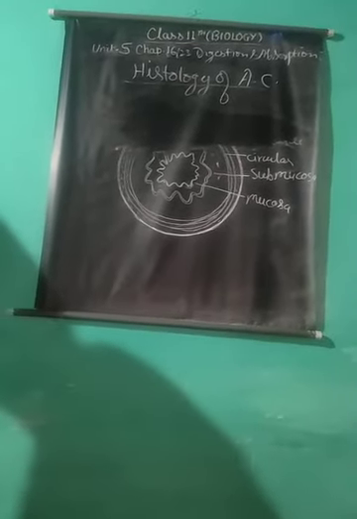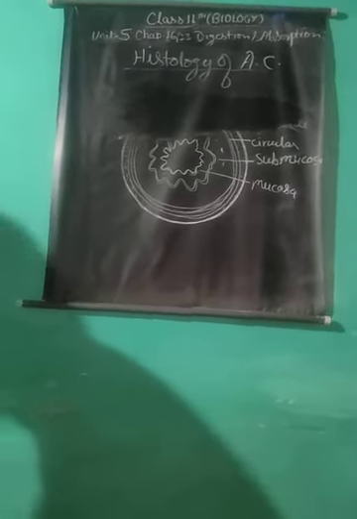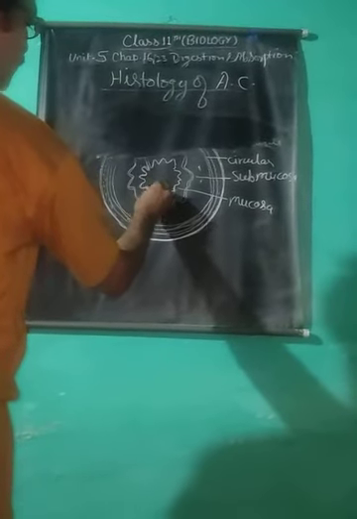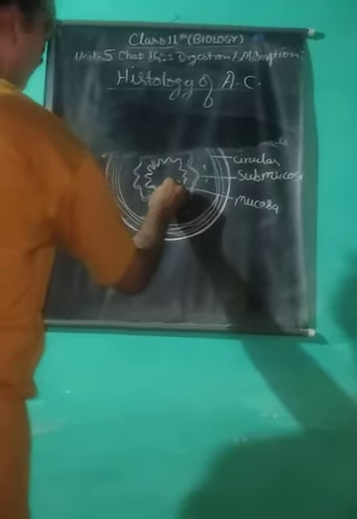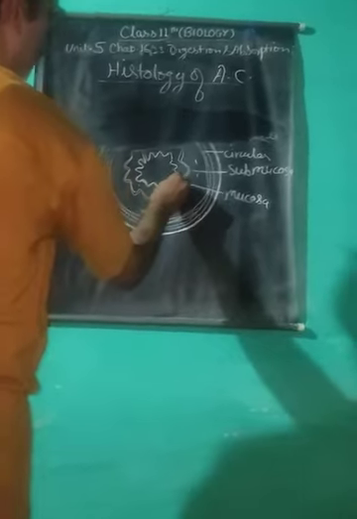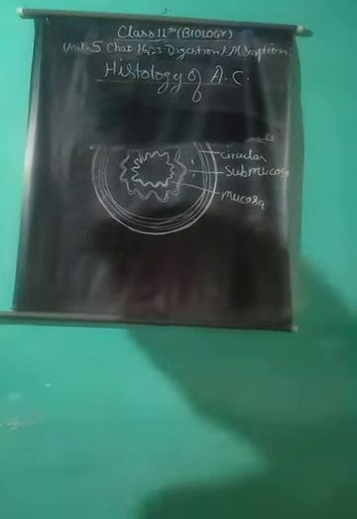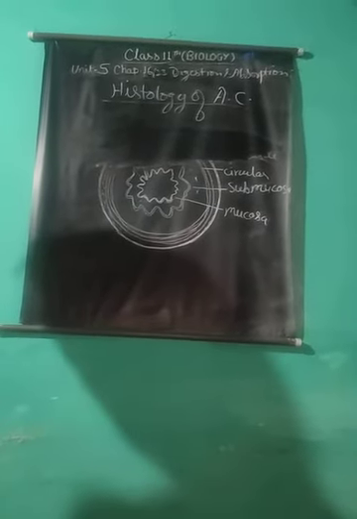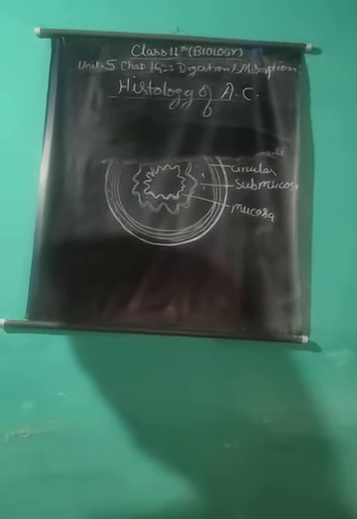Structure of a villus: the villus is formed by the inner epithelial layer of the mucosa. Each villus has a core of connective tissue, the lamina propria, covered with a layer of columnar epithelial cells.